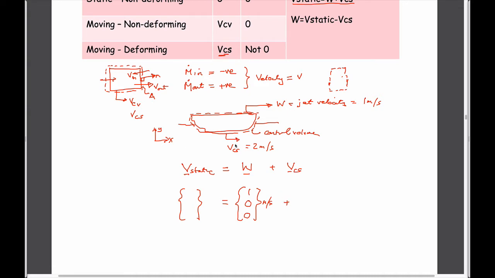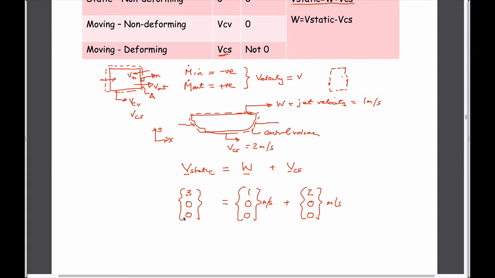The velocity of the boat is equal to 2 meters a second, 0, and 0. Again, meters a second. And so by definition, this is 3, 0, 0. So we can think of it as scalars, but really they're vectors.